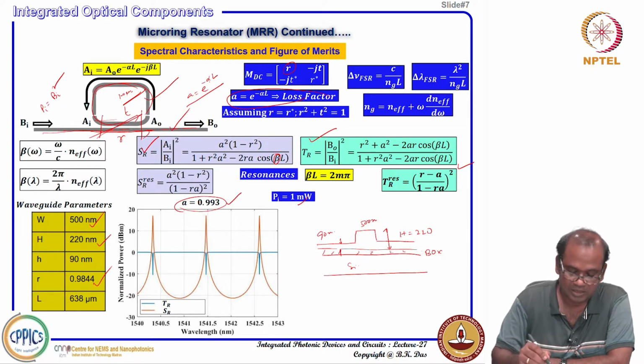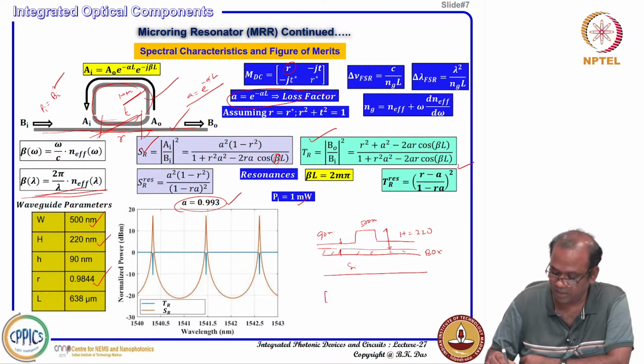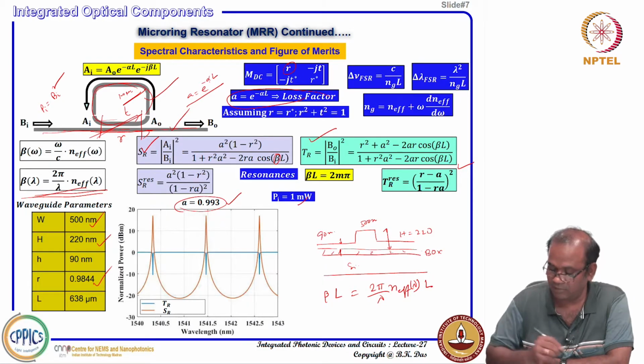This beta L I will be writing as 2 pi by lambda times n effective, corresponding effective index I will be computing, and L I will be using.